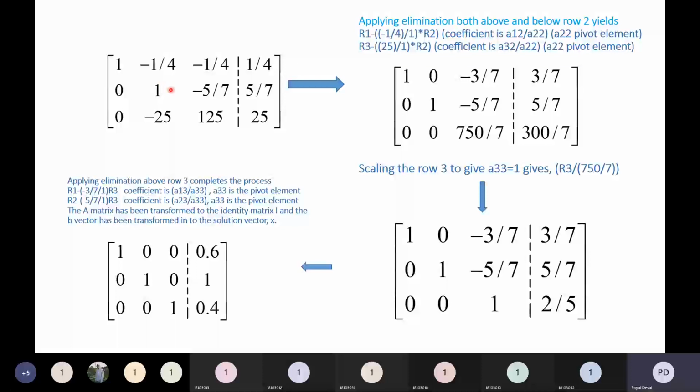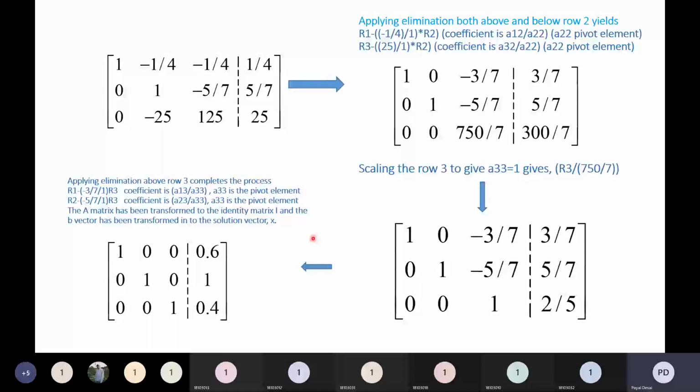What is the elimination multiplier? A12 divided by A22, A32 divided by A22, and you multiply that with row 2, both the coefficients. Deduct it from row 1, so this will become 0; deduct it from row 3, so this will become 0. So you can see here 0 0. After applying these coefficients, you can get this.